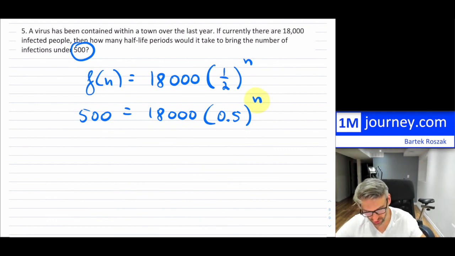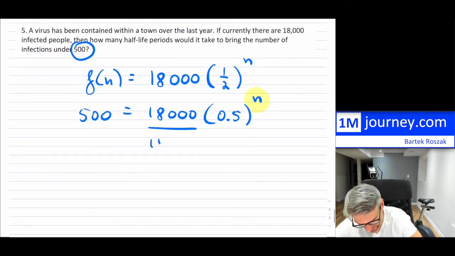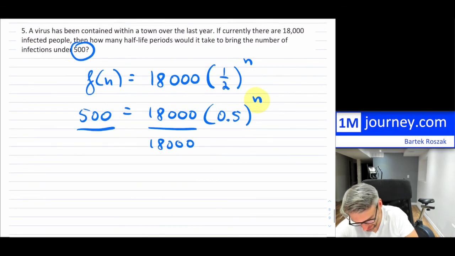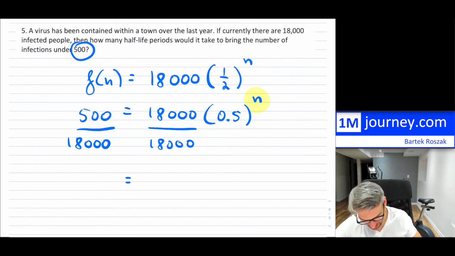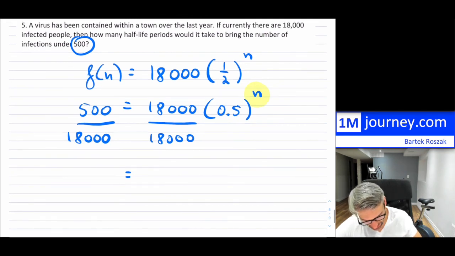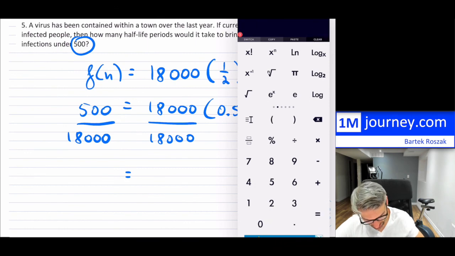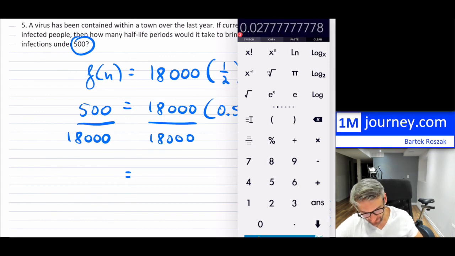You're going to do just the same thing as you did for question number 4. So let's do that. I'm going to divide both sides by 18,000. So you have 500 divided by 18,000.